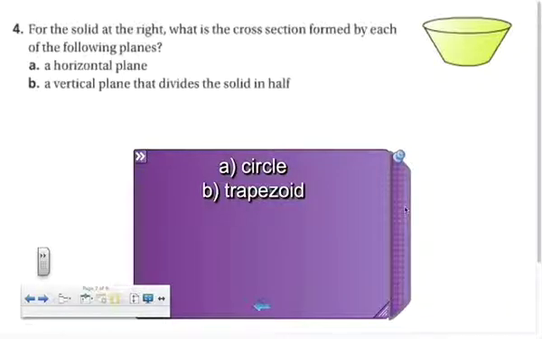Okay, before we move on to drawing the cross-section in problem 5, please check your answers on the screen. Yes, great.